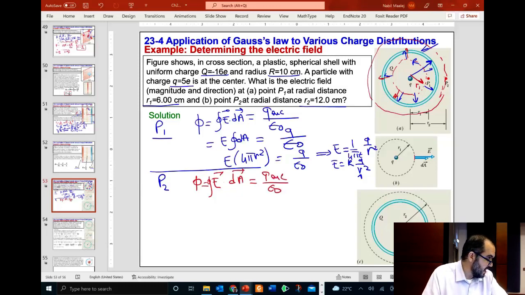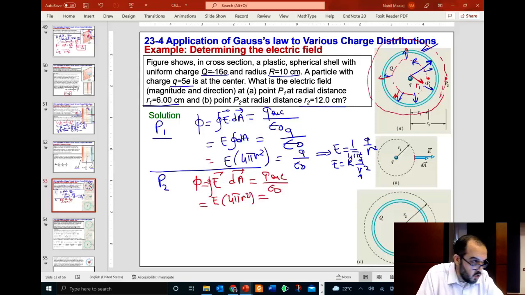Since it's the same situation, from the spherical symmetry, the electric field vector and the area vector are going to be parallel. So this integral simplifies to E times 4 pi r squared, similar to the previous case, is equal to, what is the charge enclosed now?